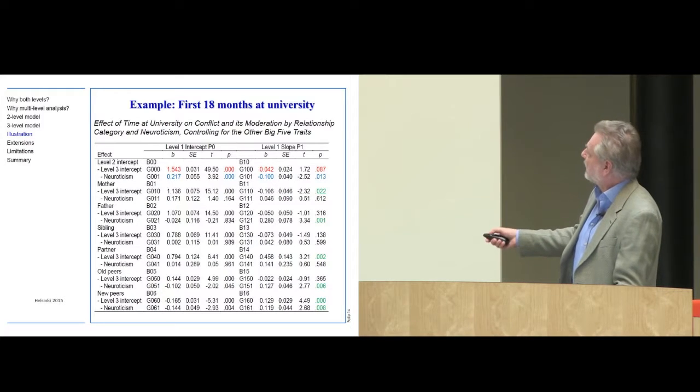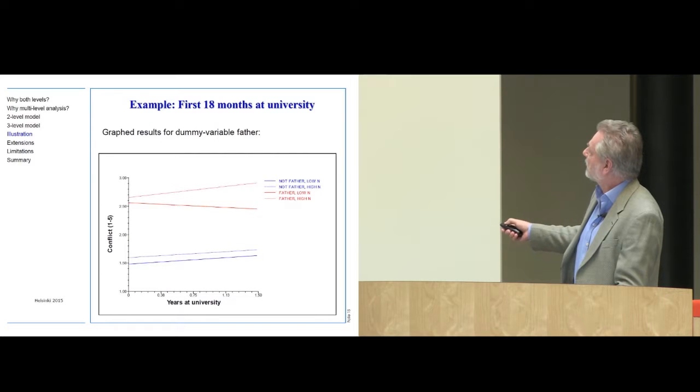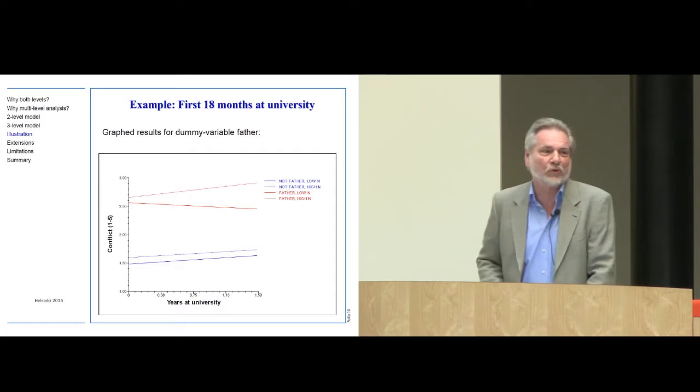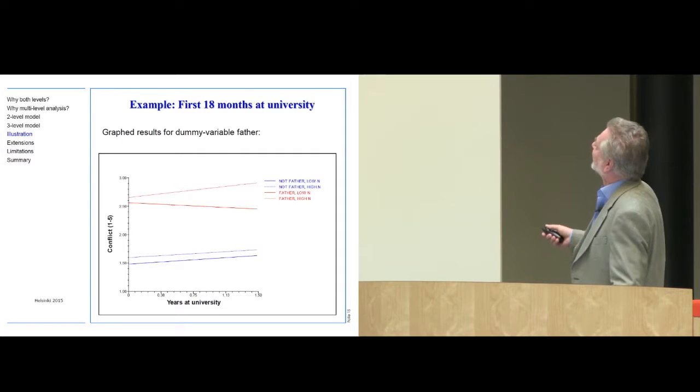Here you have the years at university, 1 to 1.5 years, 18 months. You have the father, the scores, father low in N and father high in N. These are not nice graphs. These are outputs of HLM directly.